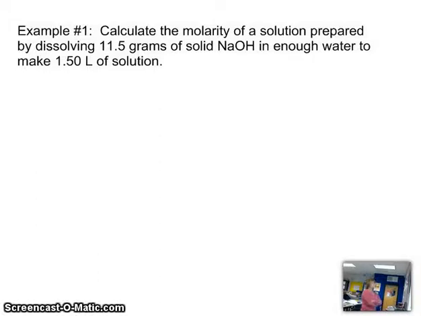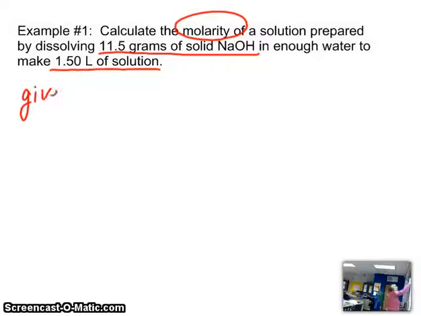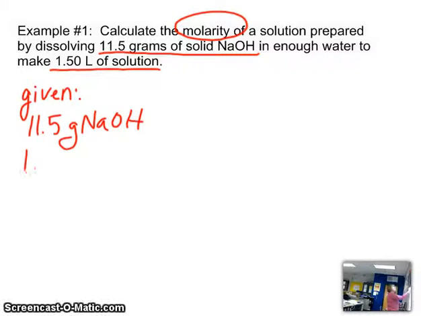So the first one says, calculate the molarity of a solution prepared by dissolving 11.5 grams of NaOH in enough water to make 1.5 liters of solution. They want molarity, okay? So what we're given here is 11.5 grams of NaOH, and we're given 1.50 liters of solution.